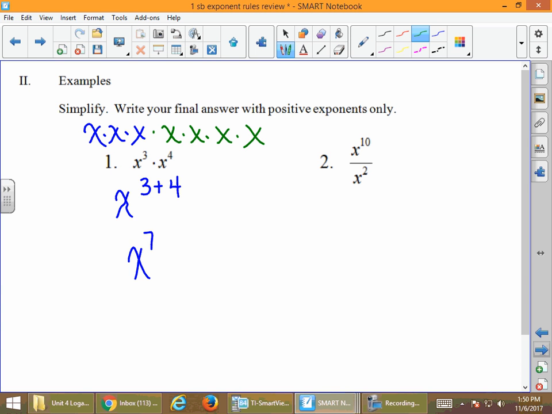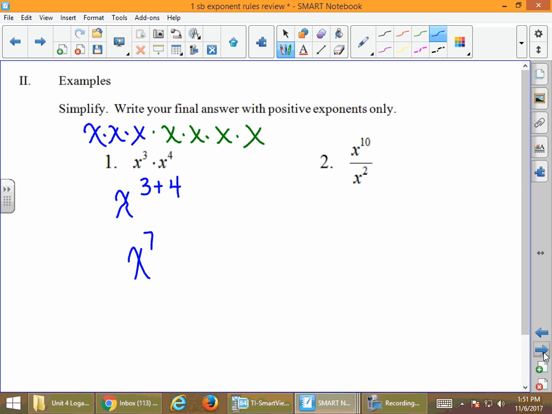And how many total x's do we have? Well, if we count 1, 2, 3, 4, 5, 6, 7. That's kind of where it comes from, and especially if you get in a testing situation and you panic and you forget, you can kind of go back and figure it out.